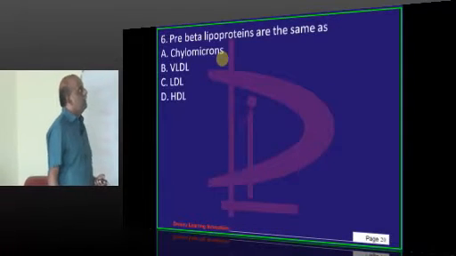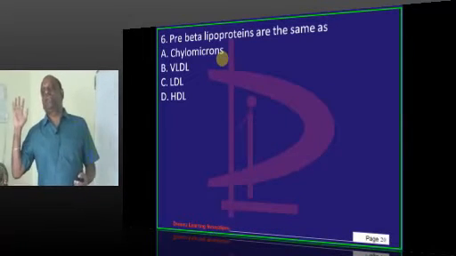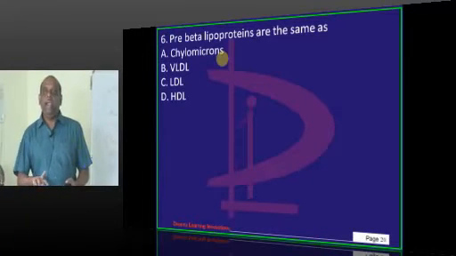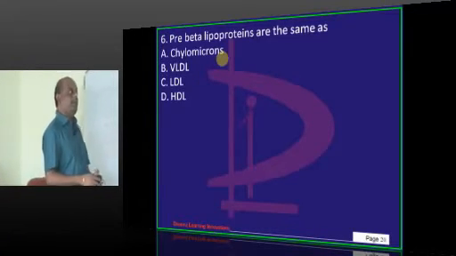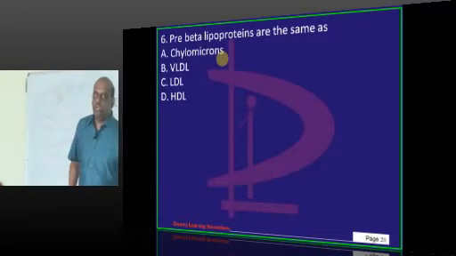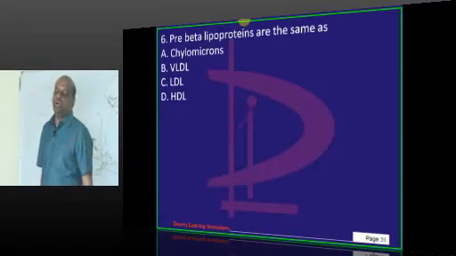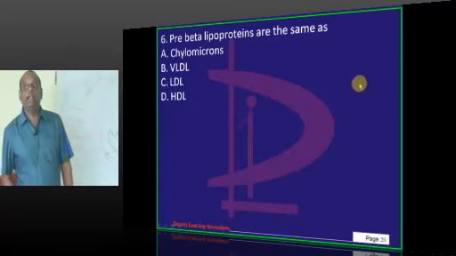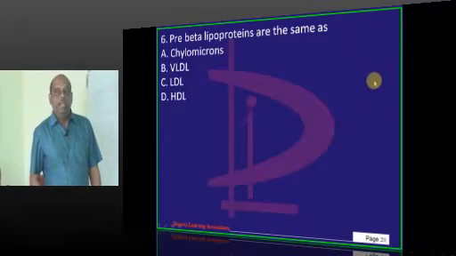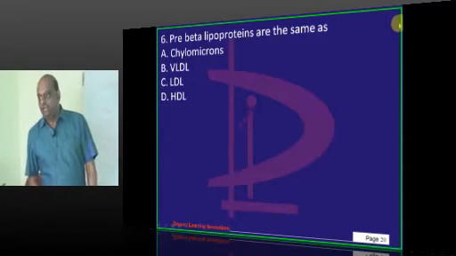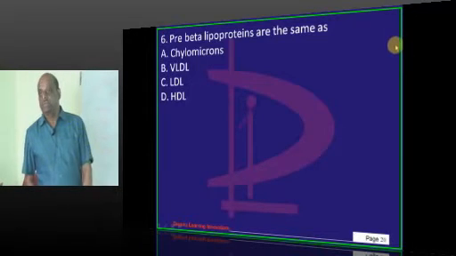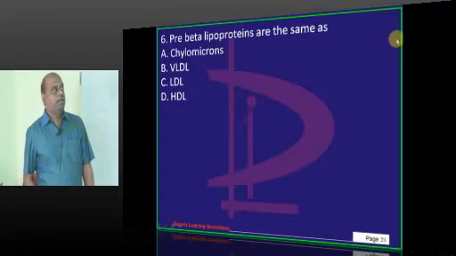Now, apoproteins, doctor, favorite question of the examiner. B48, B100, they both are there in which lipoproteins are called beta lipoproteins. VLDL and LDL are called beta lipoproteins. ApoA is a special thing about LCAT function of HDL.